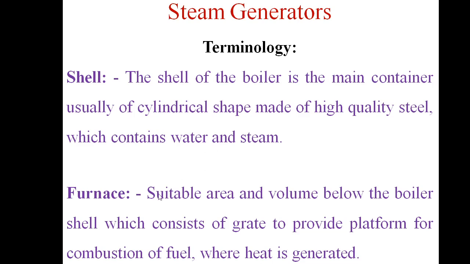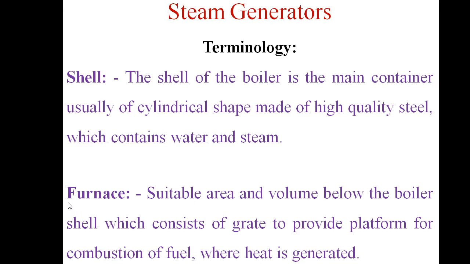And the second component is the furnace. The furnace is the area below the boiler shell where fuel is burned on a platform known as a grate, and the heat liberated by the combustion of fuel is passed into the boiler shell or through the fire tubes or surrounding the water to transfer heat from flue gases to water in order to convert water into steam.